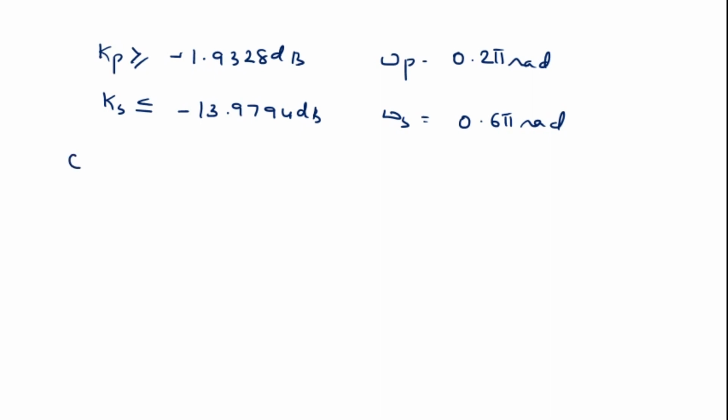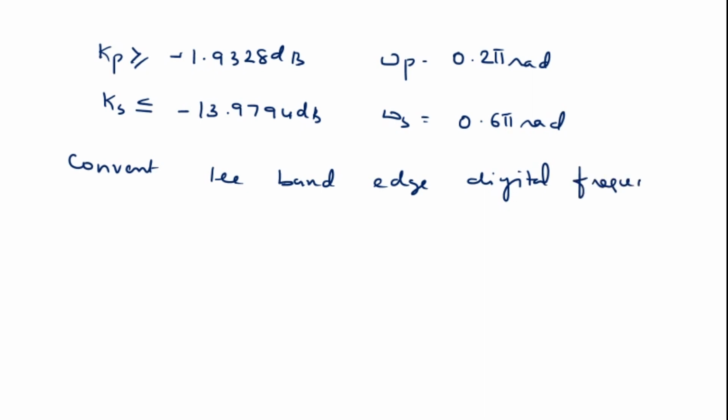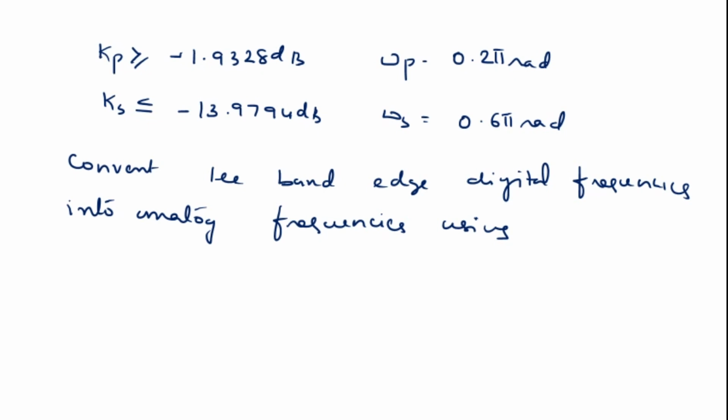So first we have to convert the band edge digital frequencies into analog frequencies using the formula Omega is equal to omega by T, with T equal to 1 second.